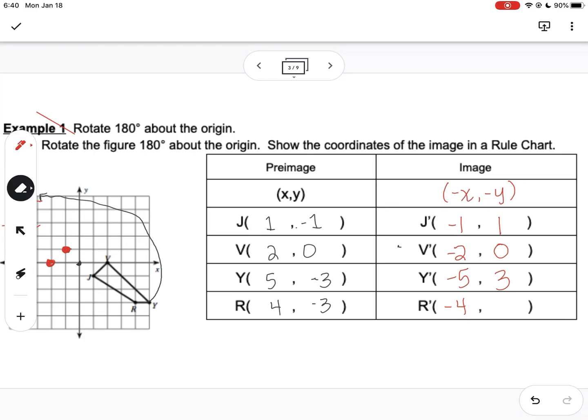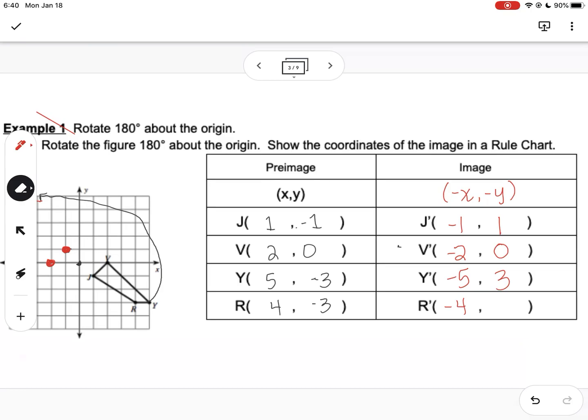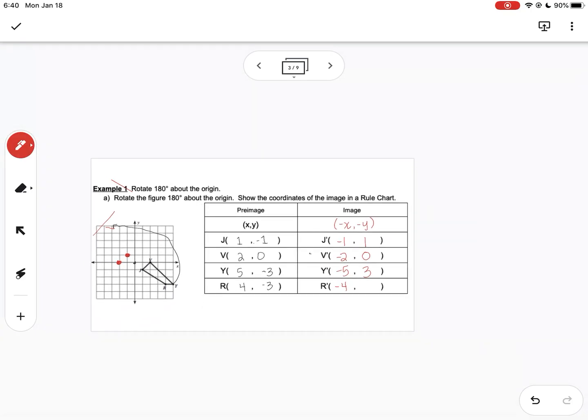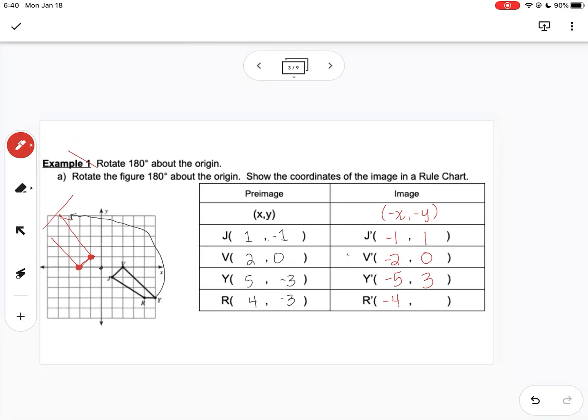I'm just trying to do the best I can, working with what I have here, to draw that line. So I know about where those are going to be. Should have done this one on my computer to show you a little better.